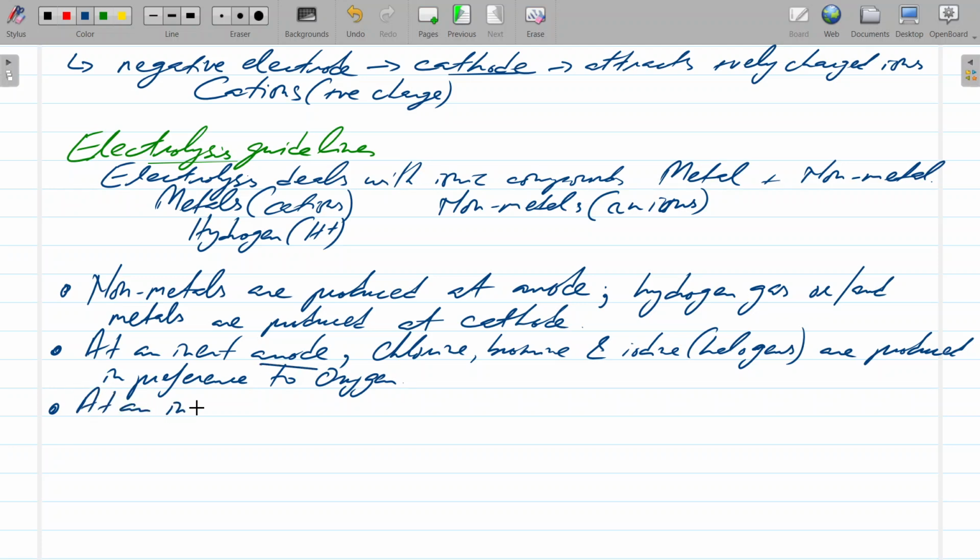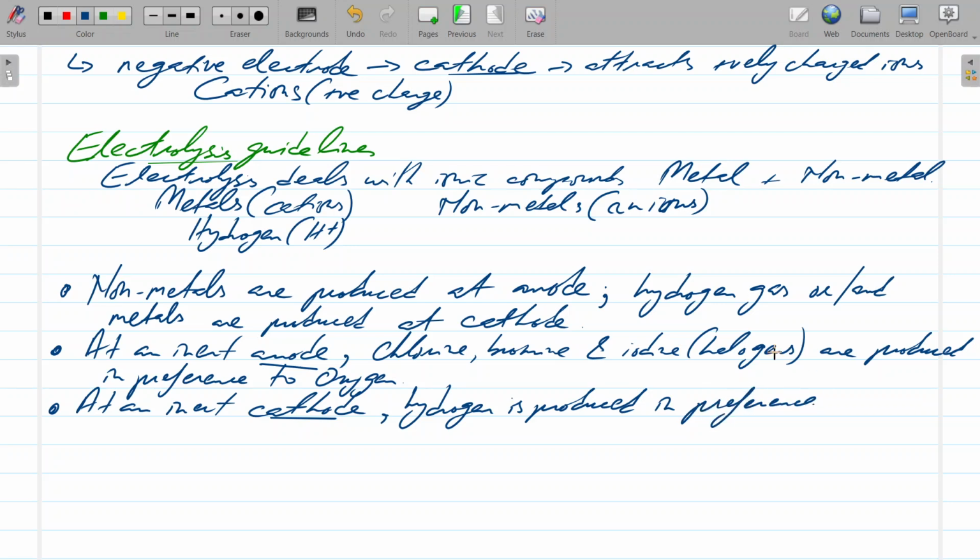At an inert cathode, which is negatively charged itself and is bringing in the positive ions, hydrogen is produced in preference to metals. We talked about hydrogen gas and or metals being produced, but hydrogen is produced in preference to metals.